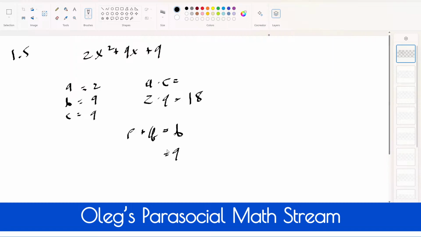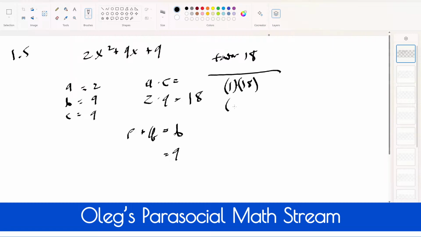What gives us 18? We have to factor it. So factor 18. 1 times 18 is 18. We have 1 and 18.